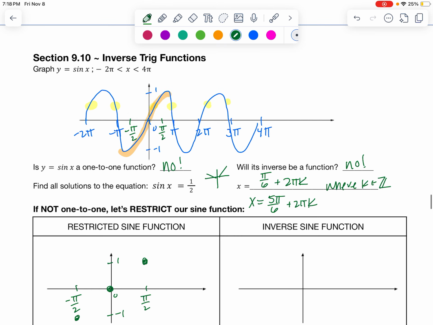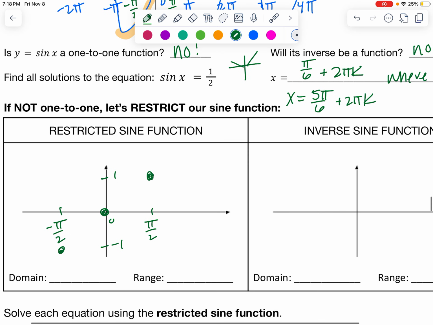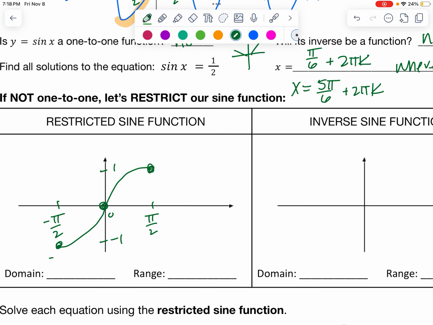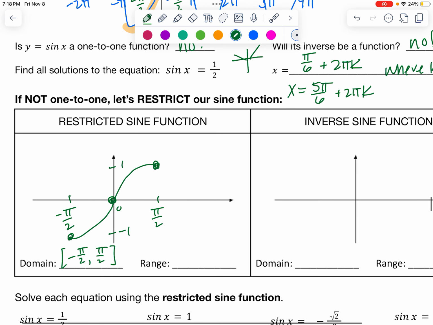And looking at the curvature of this graph, it's going to look like this. Now my domain for this one is from negative pi over 2 to pi over 2, and my range is from negative 1 to 1.